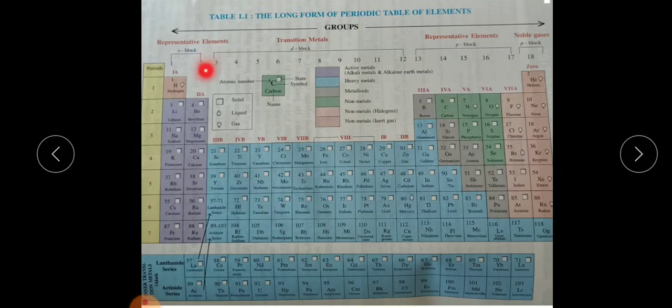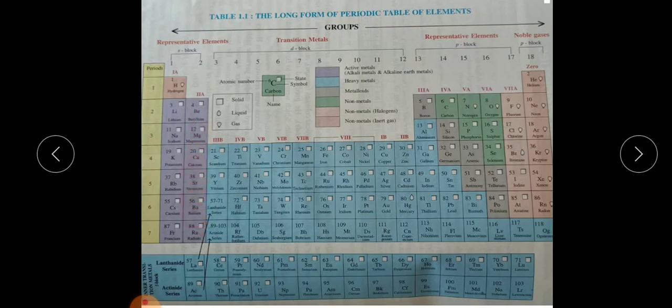Next we have group 2 metals. Group 2 metals are known as alkaline earth metals as they form weak alkalis or weak bases, say for example magnesium hydroxide, calcium hydroxide.